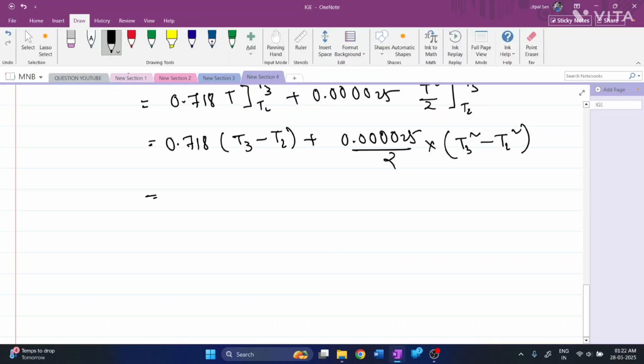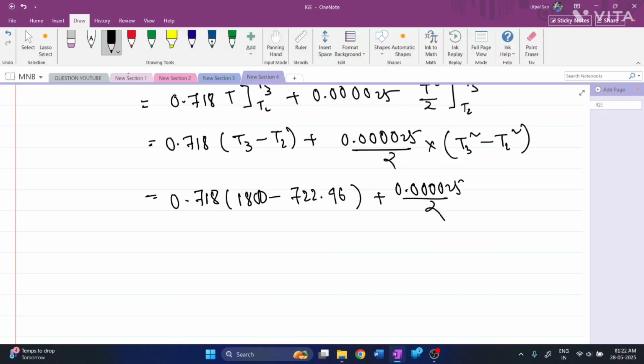The maximum temperature of the cycle is T3, that is 1800 minus 722.46, which is found from the above relation of adiabatic compression, plus 0.000025 divided by 2 into 1800 square minus 722.46 square.